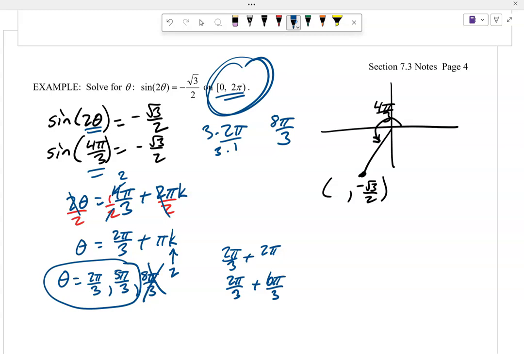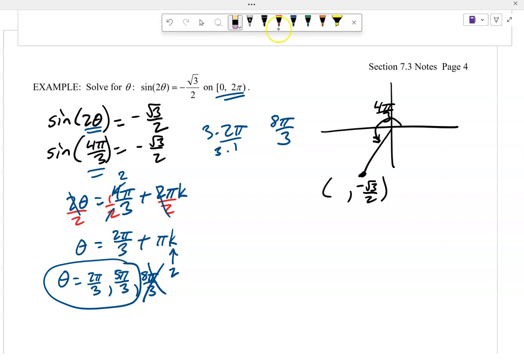And I don't want to let k be like -1, because 2 pi thirds minus pi would be negative pi thirds. Again, not within 0 to 2 pi, right? All right, so now let's do the other spot where I know the sine is -√3/2.